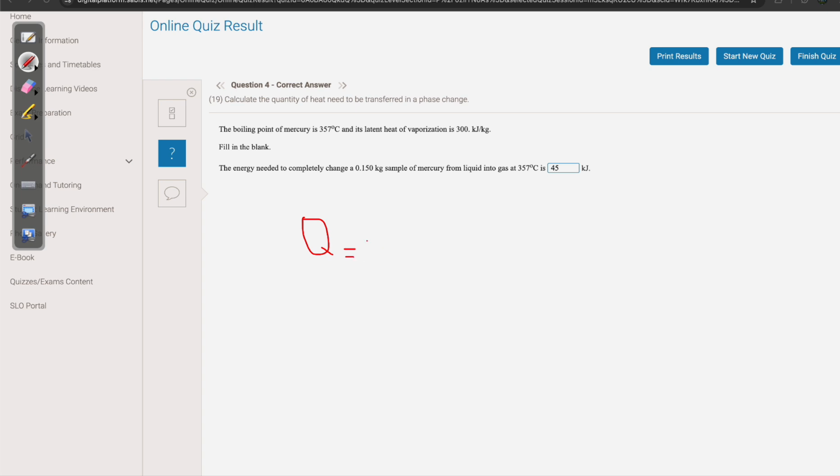So only a change in state would be the mass in kilograms times the latent heat of, in this case, vaporization, which is boiling or condensation, and then there is fusion when the object melts or freezes. Okay, and here they gave us the mass in kilograms, so 0.15 times 300 is 45 kilojoules.